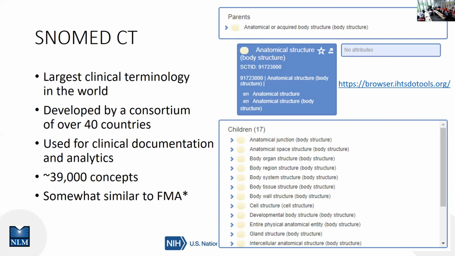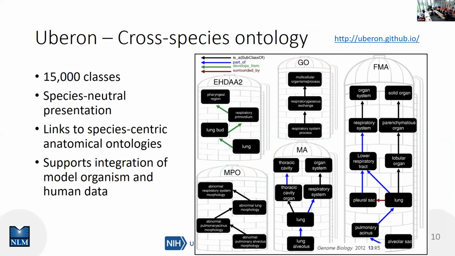So even if you have FMA identifiers, for example, it's going to be extremely useful to have cross-references to SNOMED just for the purpose of being able to link to human medicine and electronic health records. We talked about Uberon, and I mention it here because that's what you need when you want to go across species. And I'm just going to mention it here.